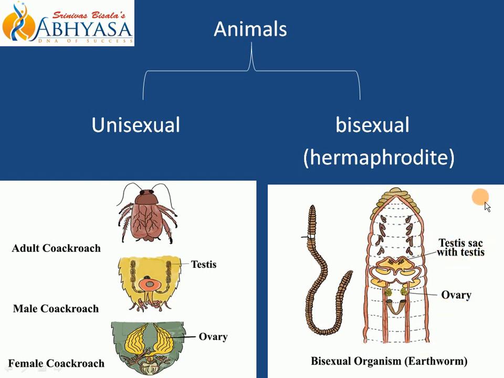Testis is part of the male reproductive system, while ovary is part of the female reproductive system. In a single individual, presence of both the sexes occurs in case of bisexual organism. I hope you understood. You can pause the video, you can go back to the previous slide and grasp the concept.